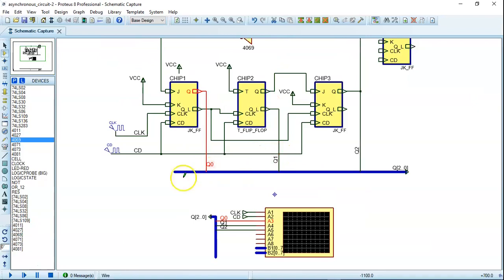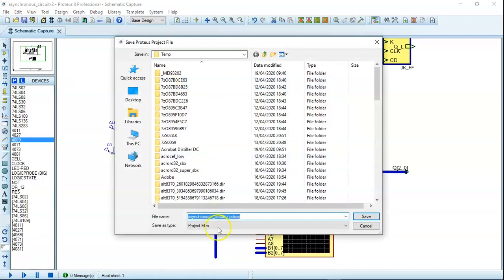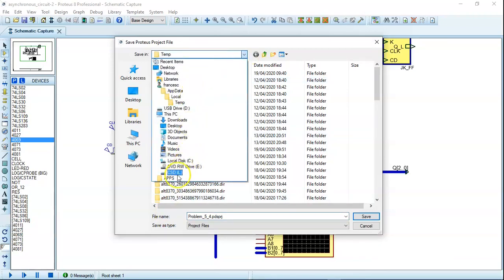So now you can save this naturally because you've downloaded this file from the web. So now it's time to save it in the right place. So you can save the project as in the right extensions. You know, this is going to be problem 5.4, for example, not point but underscore, and this is better placed in your L, right?